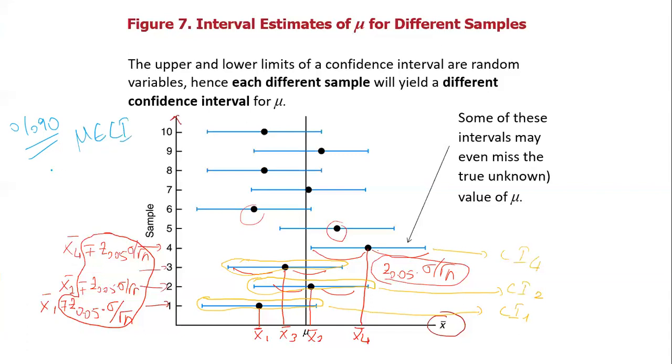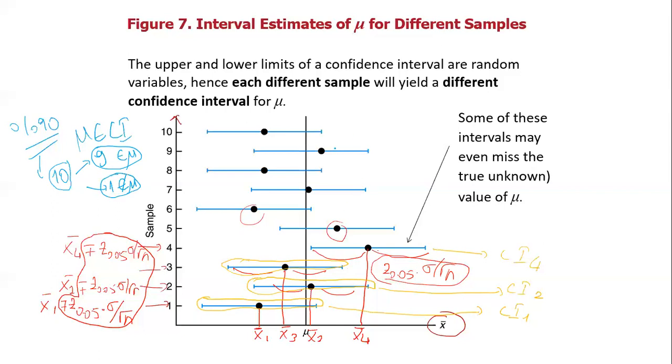This means that among 10 confidence intervals, 9 of them will include the real but unknown parameter mu, but one of them will not include mu.